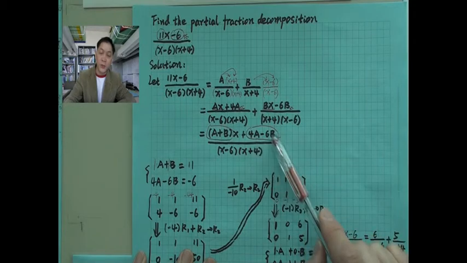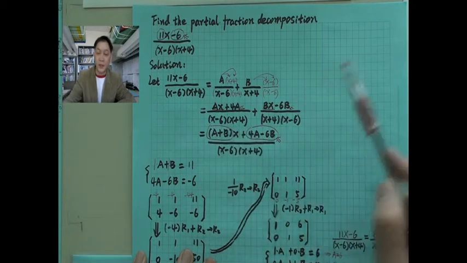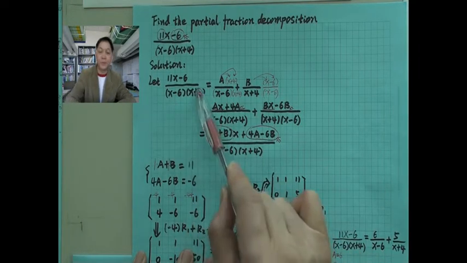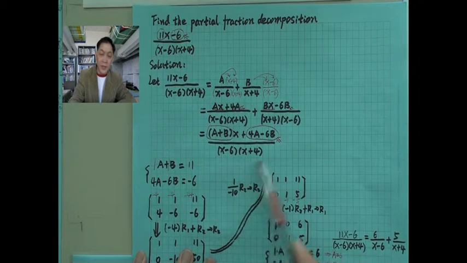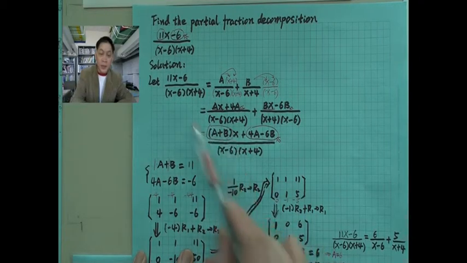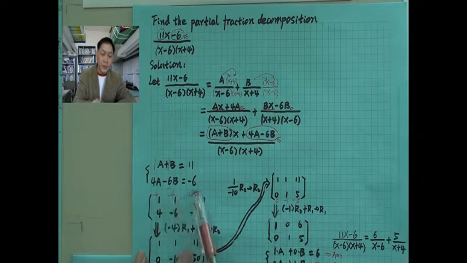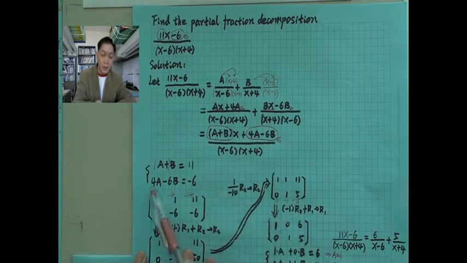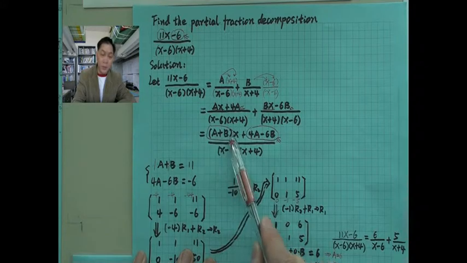So this one will end up with a constant, and A + B will be the coefficient of x. The denominator (x - 6)(x + 4) is the same as the original. In order for those two to be equal, with the denominators the same again, A + B has to be 11, the coefficient of x. And 4A - 6B, the whole constant, has to be negative 6.